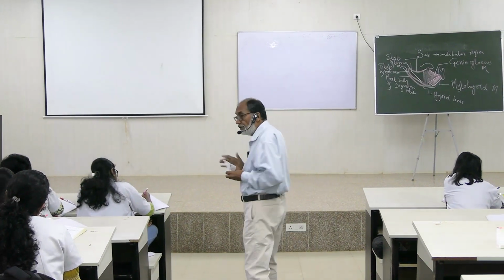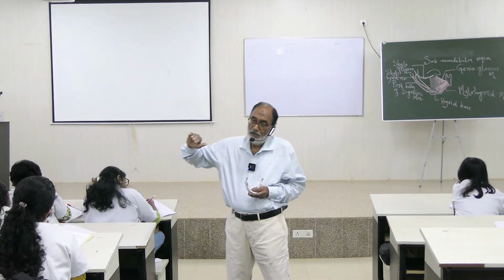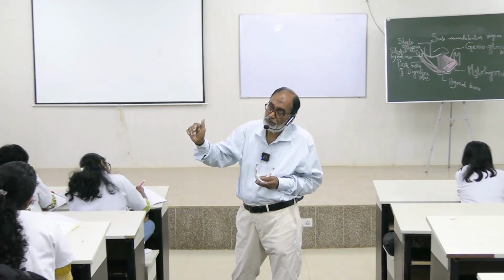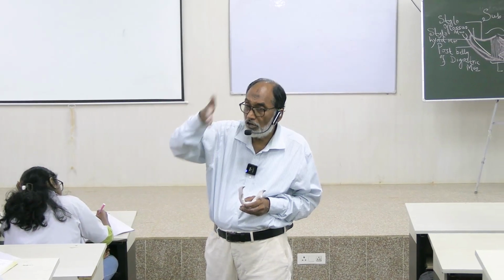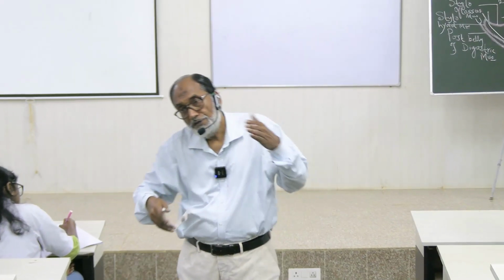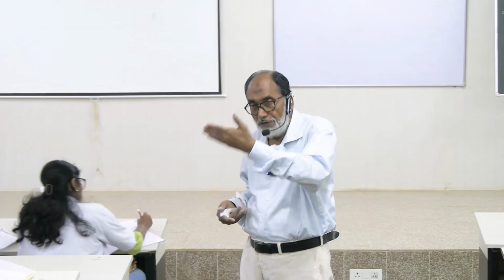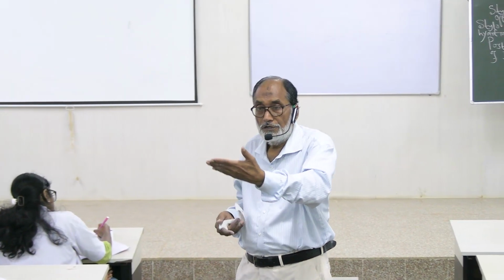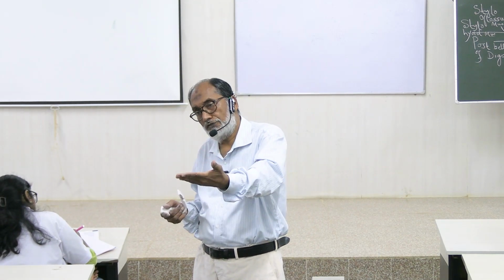Now the deep part. This gland, at the posterior border of the mylohyoid muscle, invaginates deep to the mylohyoid muscle. That means between mylohyoid and hyoglossus.